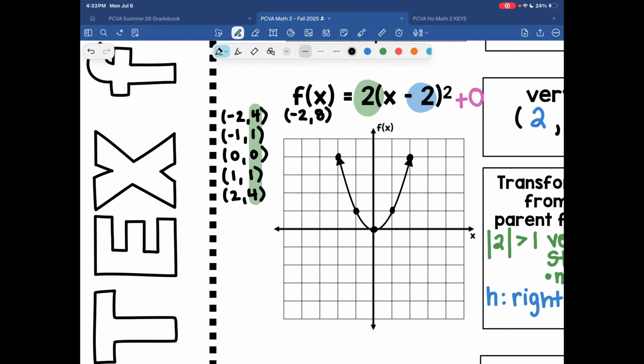Well, I could graph -2, 8, but it's going to be obviously outside of the graph paper that I have up here. So then I'm going to do 1 times 2, that's going to be -1 and 2. 0 times 2 is still going to be 0, 0. 1 times 2 is going to be 1, 2. And then 2 times 4, which is 8.